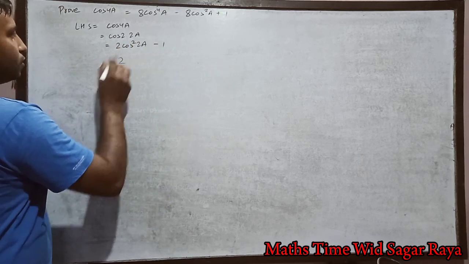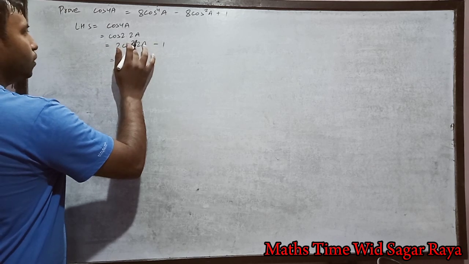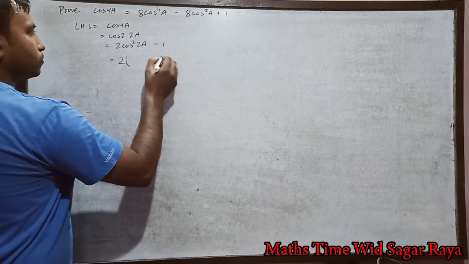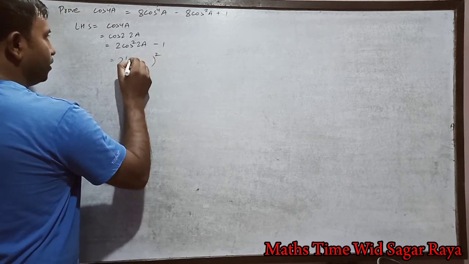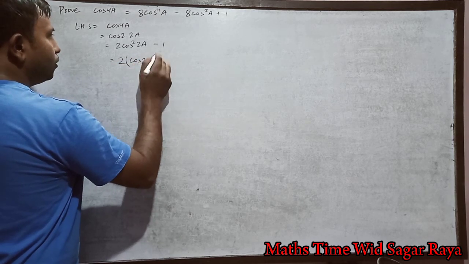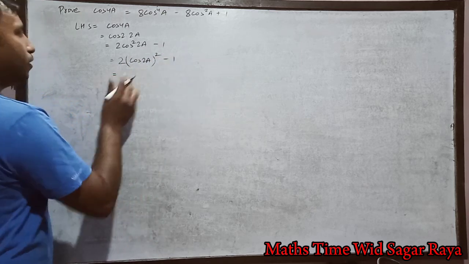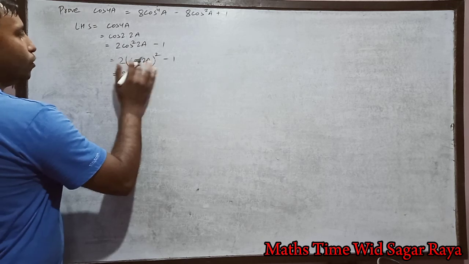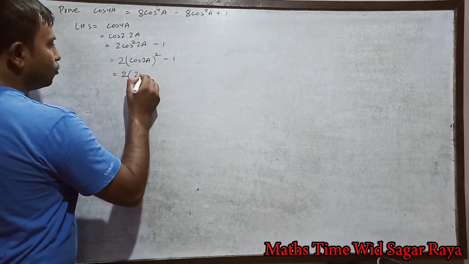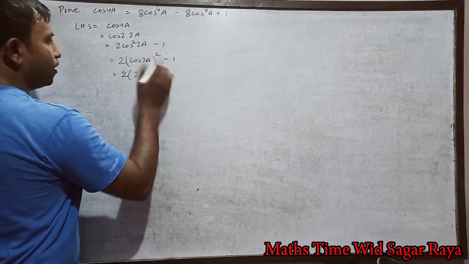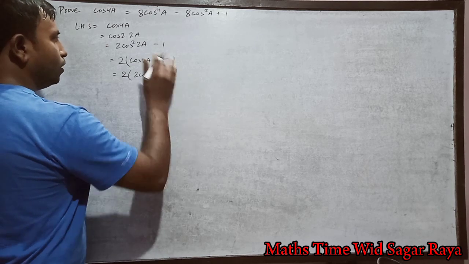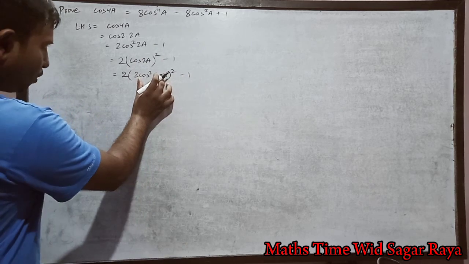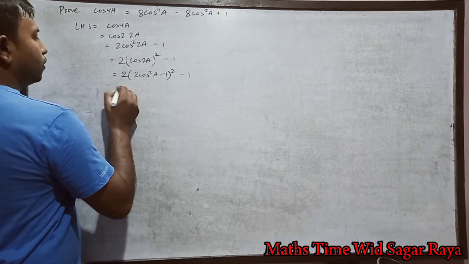Now again let's write 2, now cos square 2a we have. So let's write like this, cos 2a whole square minus 1. Cos 2a whole square means cos square 2a. Now cos 2a formula we have 2 cos square a minus 1, and we have whole square, minus 1.